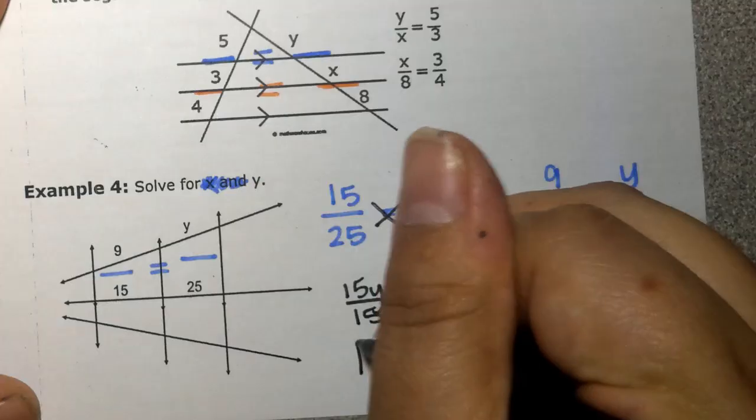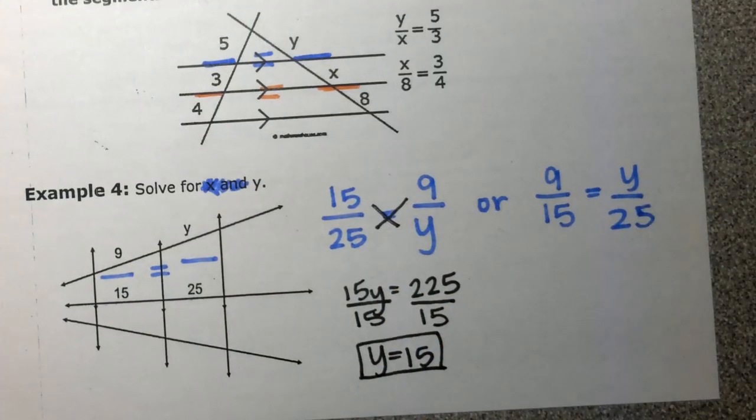It's just 15. Are we okay with this? Everybody good? All right, turn your paper over when you're done writing. Go back to the front.